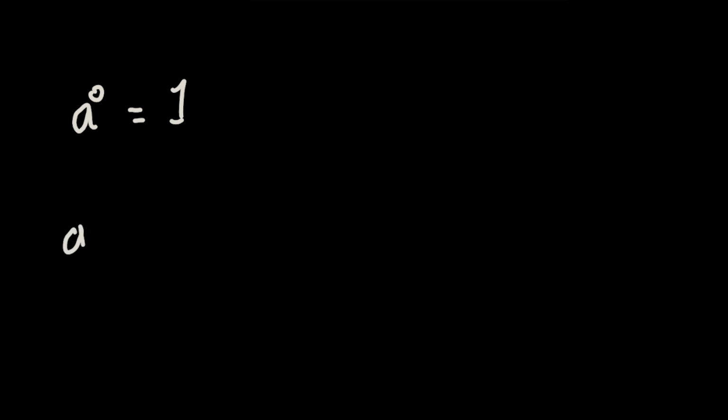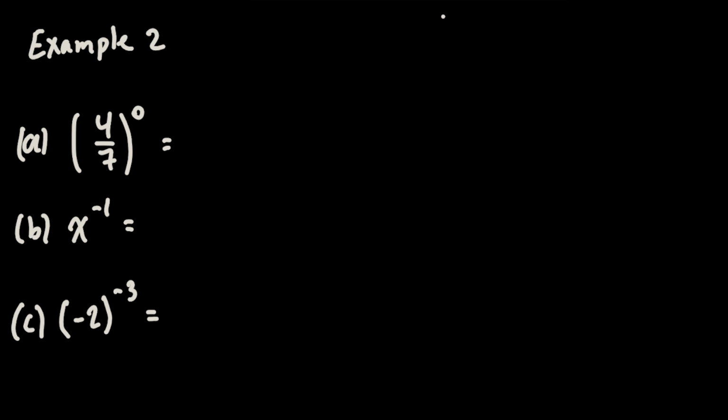If we have a to the power minus n, that would equal 1 over a to the power n. So you can notice here, we are just taking all of this and putting it down and changing the sign of the power. So instead of having a to the power minus n, we will have a to the power n. Just keep in mind these two properties.